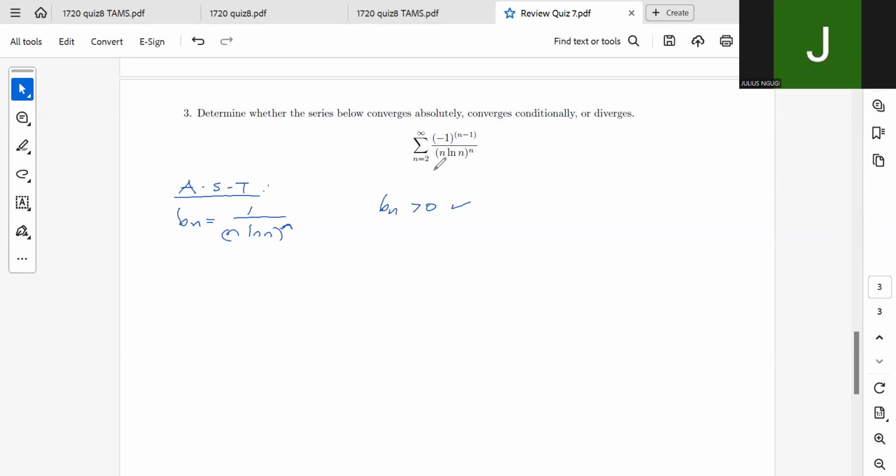If n was to start from 0 onwards, then from 0 to 1 the answer could have been affected, because ln of n is negative. But in this case, our domain is from 2 to infinity. So that means that this function is positive.